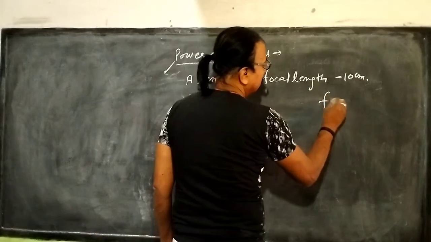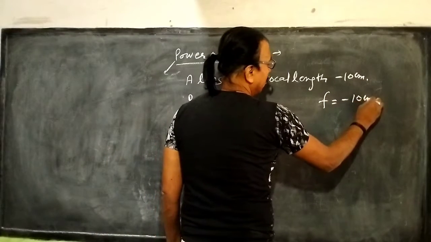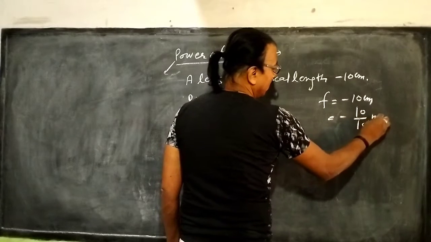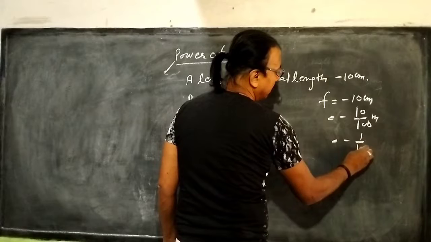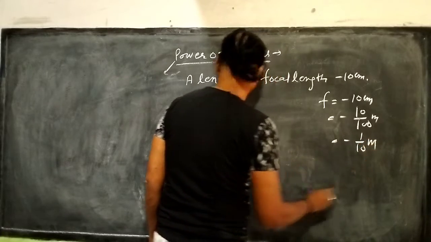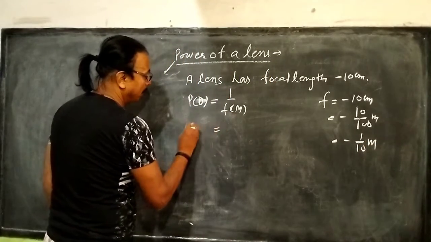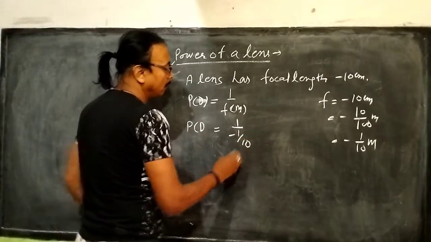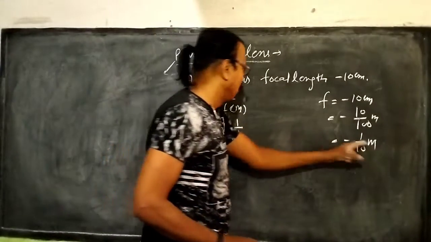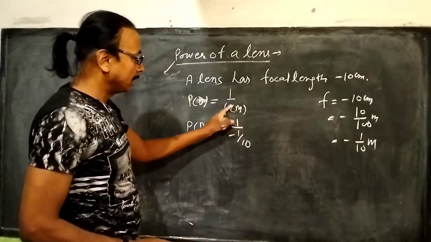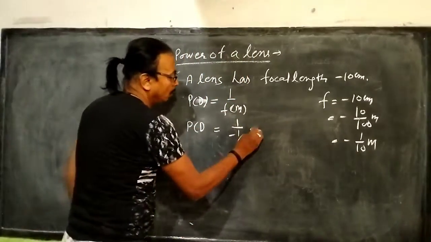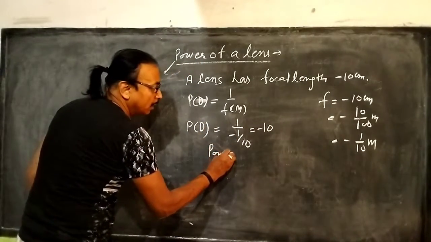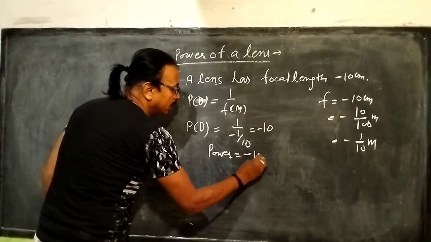So the focal length is minus 10 centimeter, that is minus 10 by 100 meter, that is minus 1 by 10 meter. So power in diopter is 1 by minus 1 by 10. Here we will not use the unit because the unit is already written in the bracket, that is equal to minus 10. So power equals minus 10 diopter.